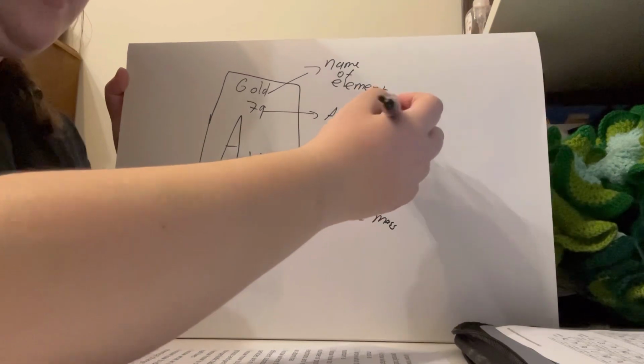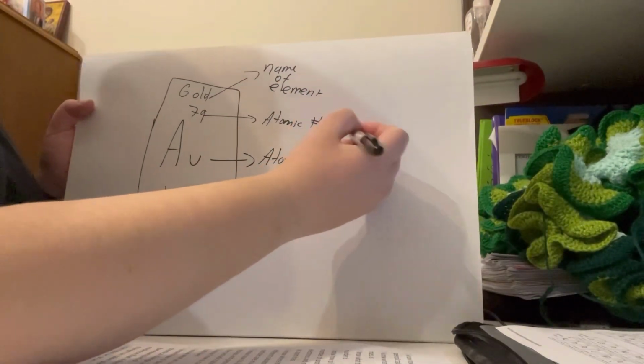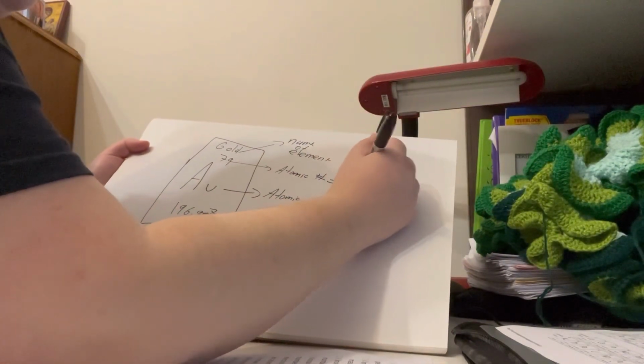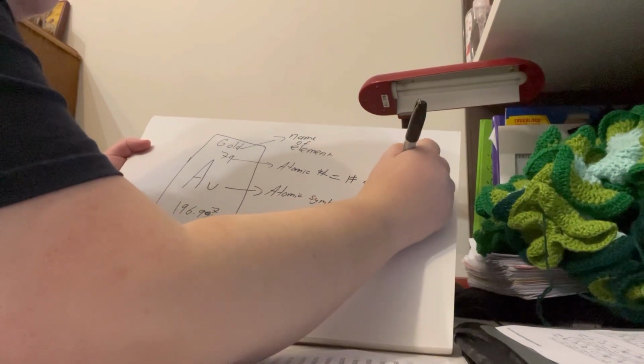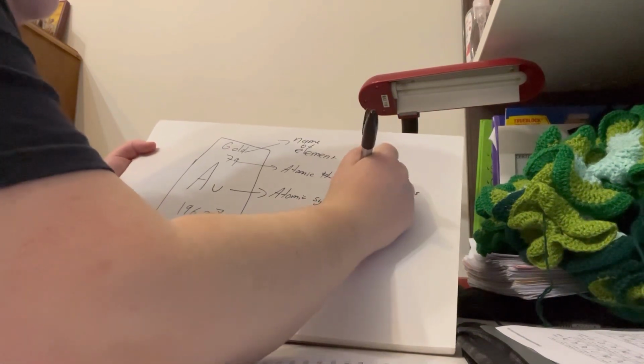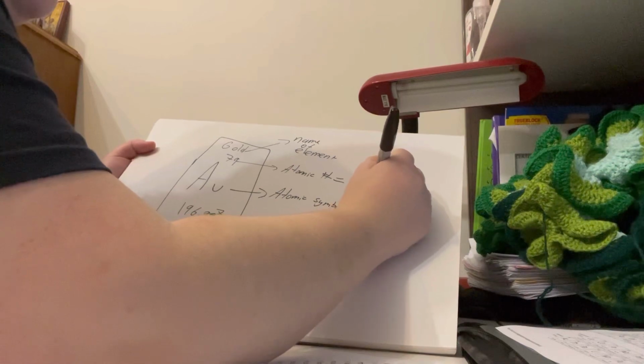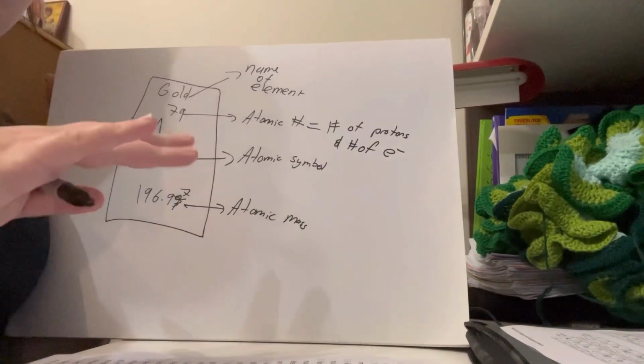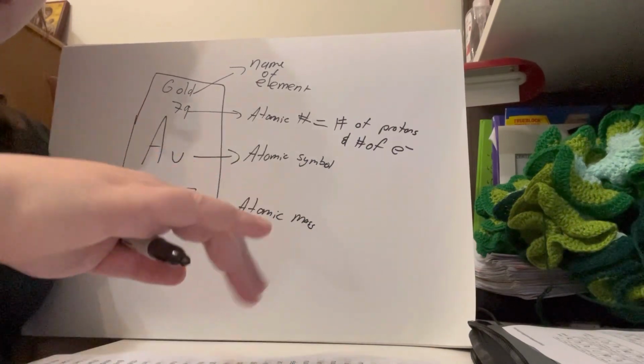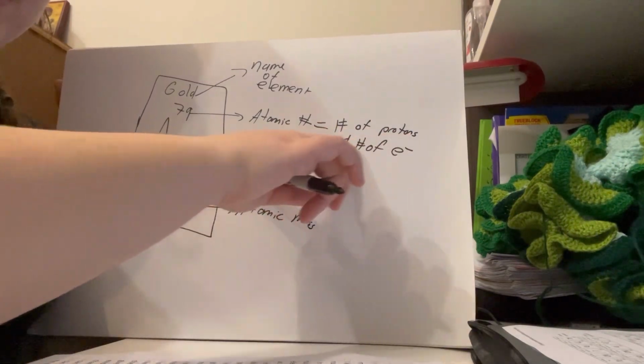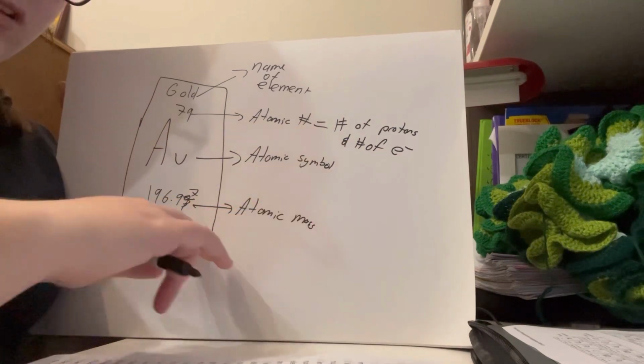Now remember, the atomic number tells you the number of protons and number of electrons. Now remember, atoms like to be balanced. That means they have no charge. So the number of protons is the same as the number of electrons. Okay?